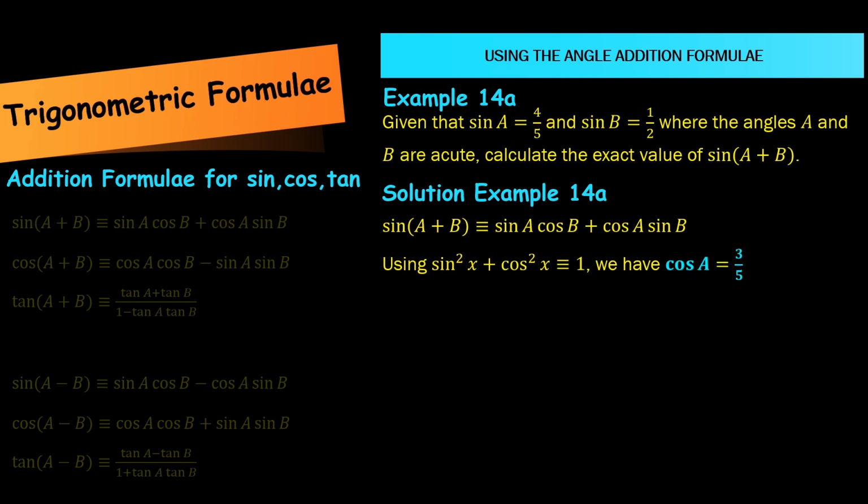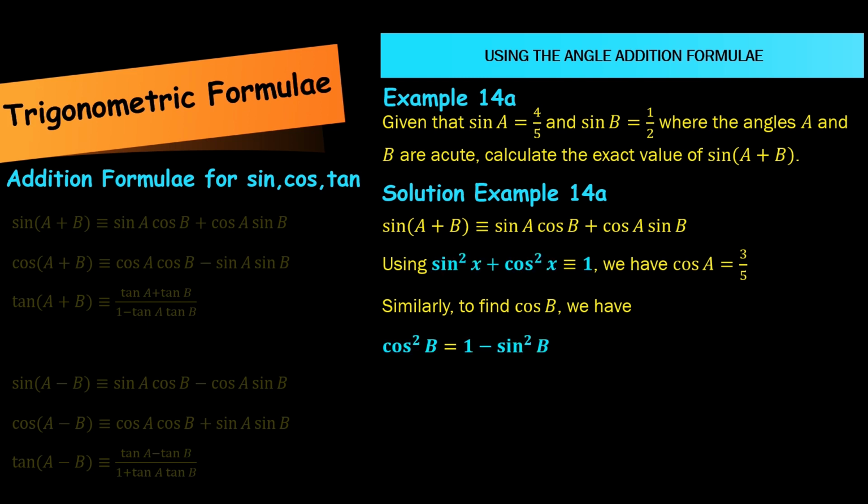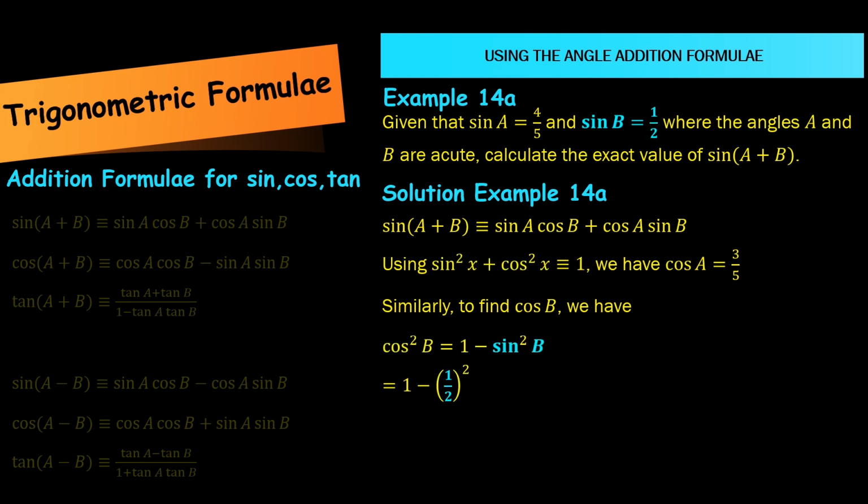We're going to find cos B in a similar manner. Again, using the identity sine squared plus cos squared is identical to 1, we have that cos squared equals 1 minus sine squared. And so plugging in the value of sine B as shown gives us that cos squared B equals 1 minus 1/4, which is equal to 3/4.